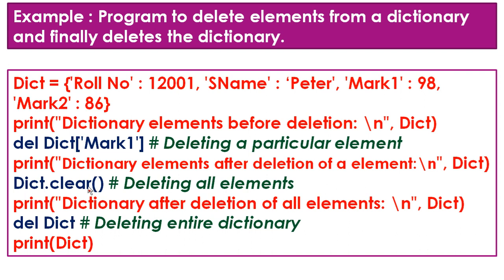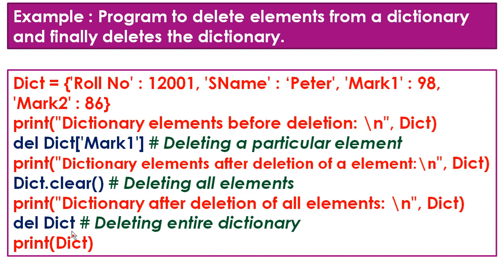After executing dict.clear, we print the dictionary again, and we get only the empty dictionary, because dict.clear clears all the elements of the dictionary.